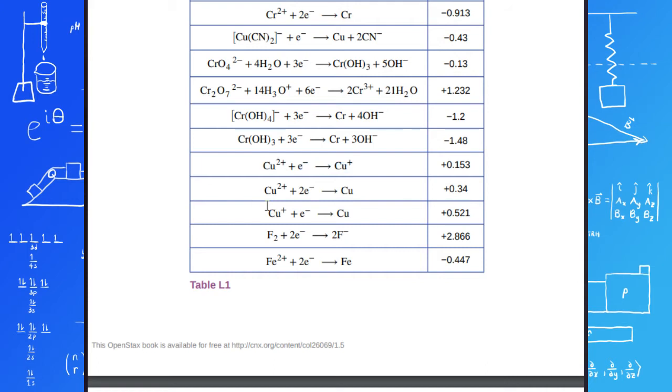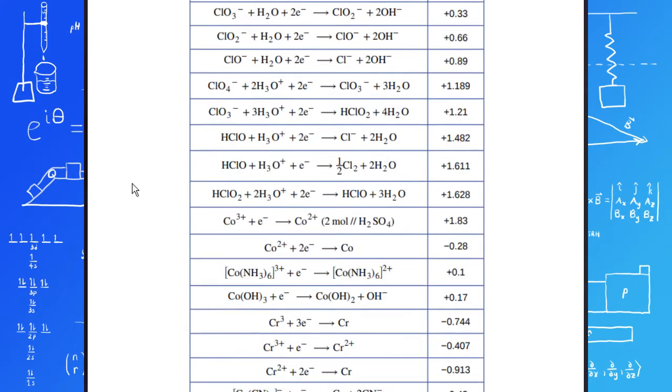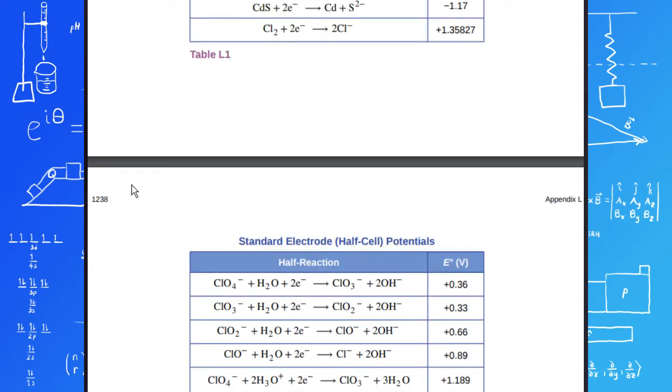Actually, three. I want this one. So 0.34. Copper 2 ion plus 2 electrons gives us solid copper. Okay, so that's positive 0.34, but these are reduction potentials. Do they even mention that here?